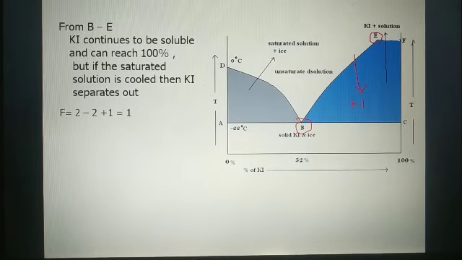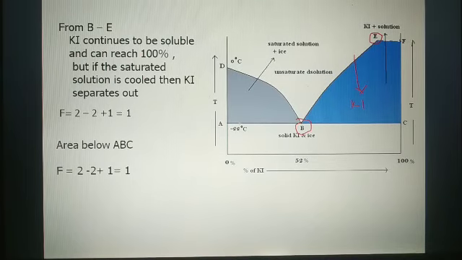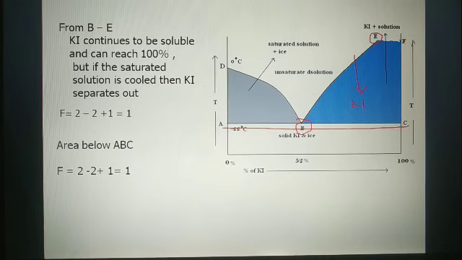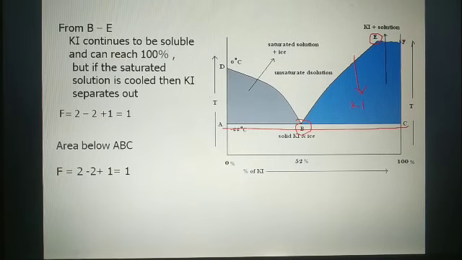So degrees of freedom will be component 2, phases 2, it becomes the monovariant part. Area below the line ABC: here solid potassium iodide and solid ice are there. So it means component 2, phases 2, plus 1, that is equal to 1. So it is again a monovariant part.